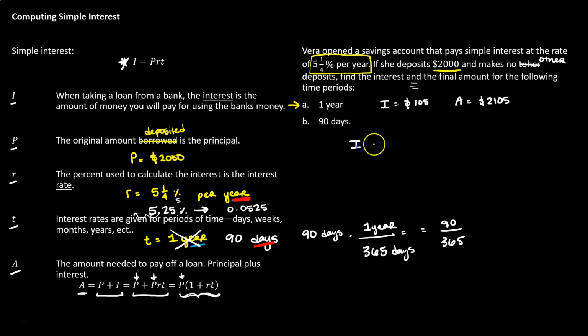So we'll calculate our interest almost the same way we did last time. Our principal, which was 2,000, times our interest rate. This time the time is not 1 year, it is 90 days out of a year. Type all of that into our calculator to find the final interest.